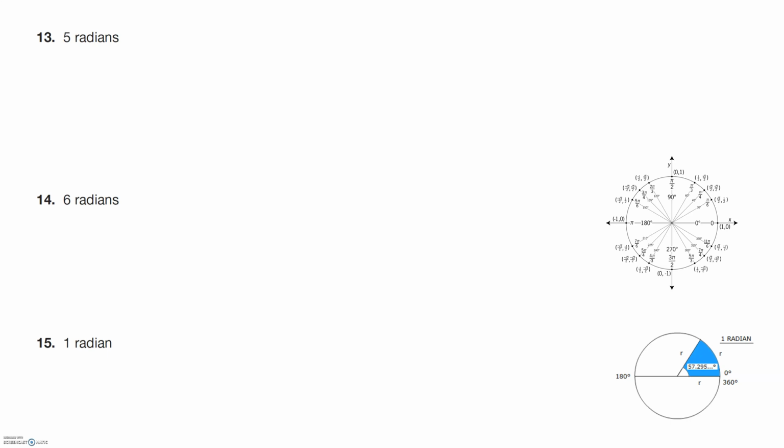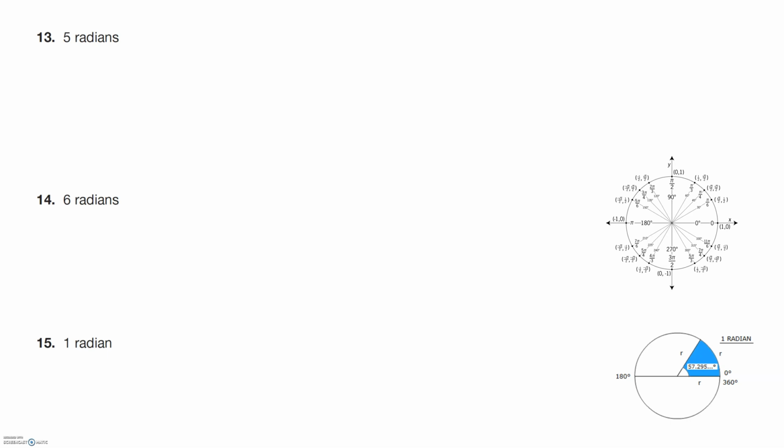So for this one, I already know what 1 radian is. 1 radian is about 57.295. So I will just multiply 57.295 times 5 because it's 5 radians, and that is 286.